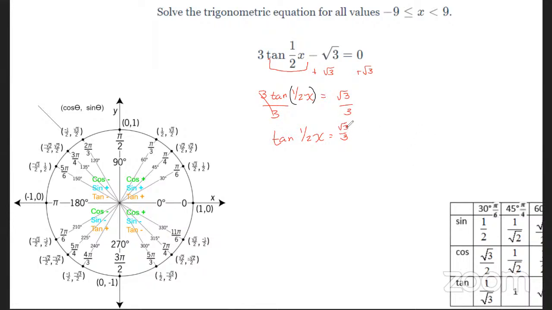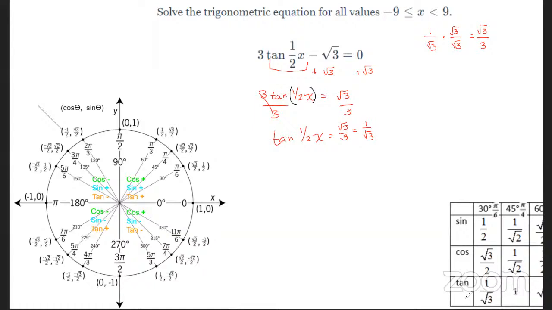So this is the same thing as 1 over radical 3. And let's verify that by multiplying it by 1 in the form of radical 3 over radical 3, because that's how you would rationalize 1 over radical 3. And that equals radical 3 over 3, which is what we have. Okay, so it equals 1 over radical 3.